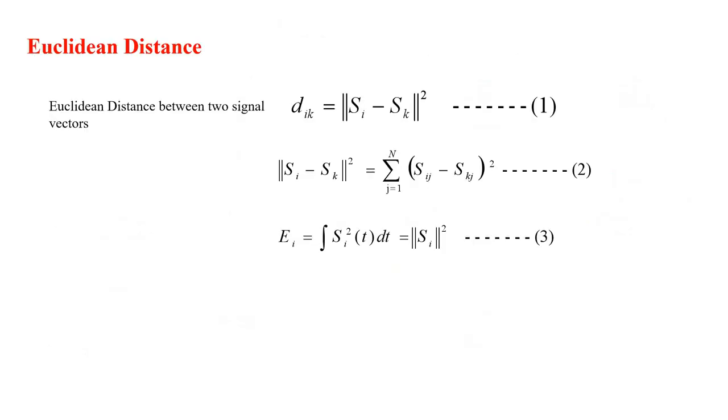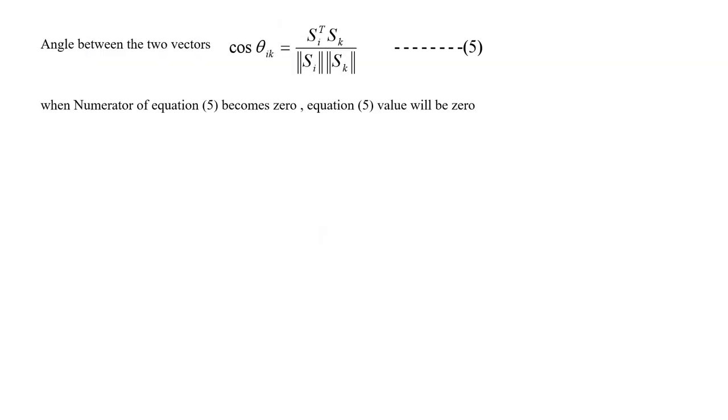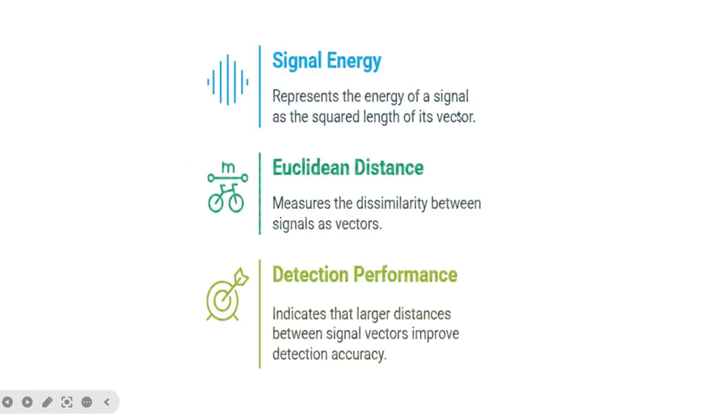Okay, so here we have calculated the Euclidean distance, as well as the angle. So we'll summarize what we have done here. The energy of a signal is equal to the squared Euclidean norm, that is the length of the vector representation.